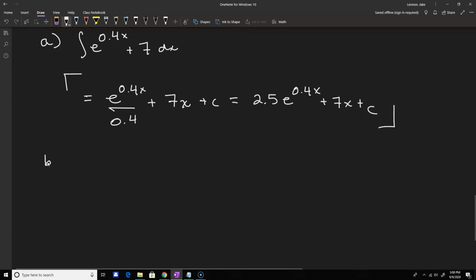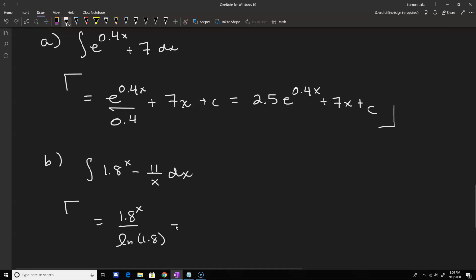Okay, and then B, let's look at one more. Let's say the antiderivative of 1.8 raised to the x minus 11 over x dx. So the first part is exponential rule number 2. We have 1.8 to the x, and we have to divide by the natural log of 1.8.